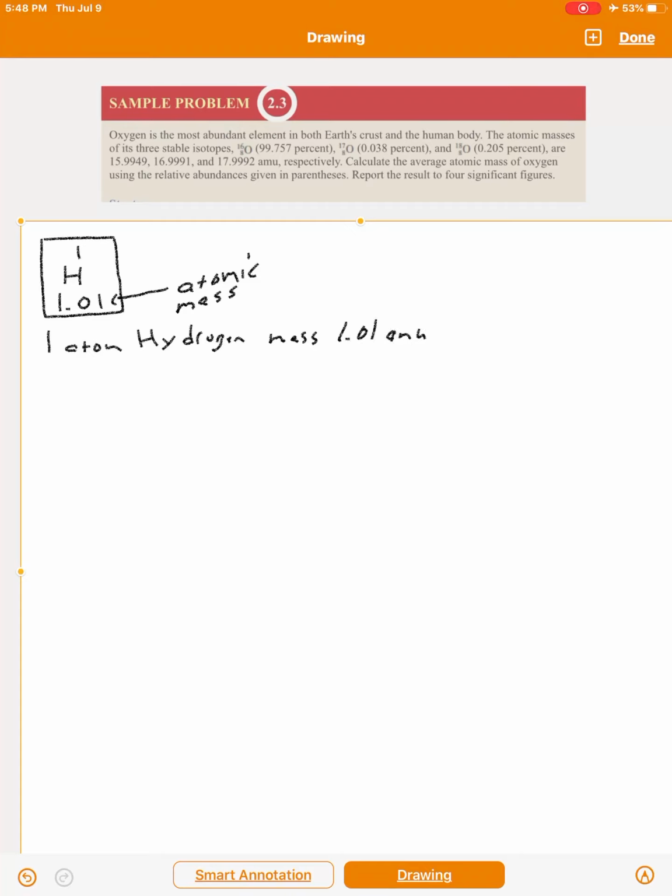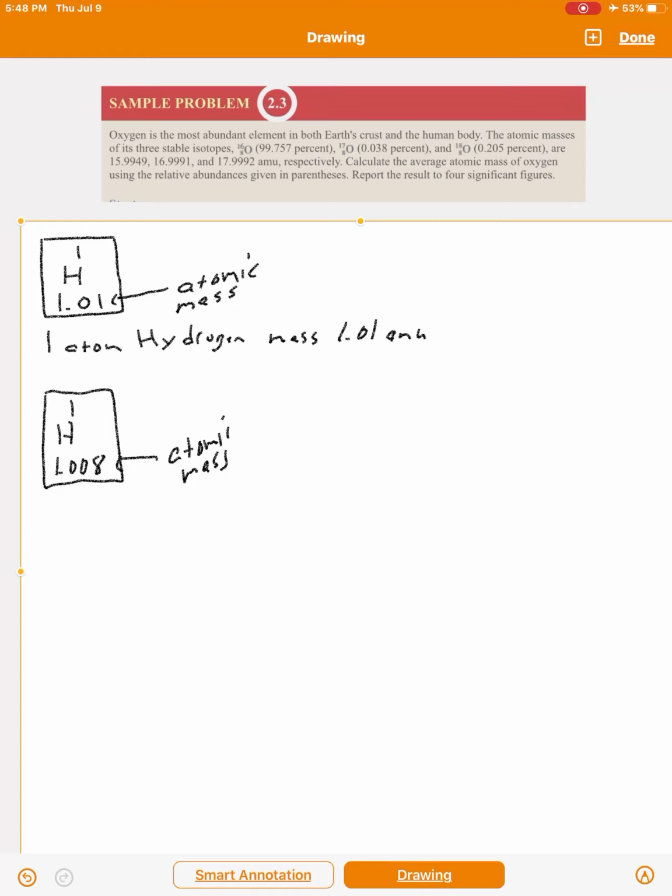Now, you have to be careful. It depends on what periodic table you look at. It's quite possible you could look it up and see a different number, 1.008, for example. This is still the atomic mass. It's just a different number of sig figs.